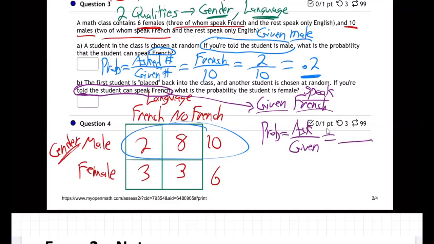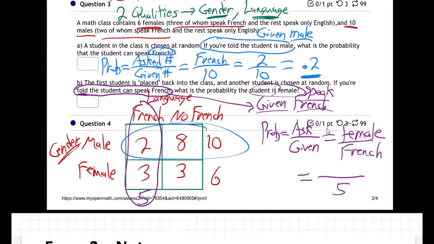So we're given that they speak French. And what are they asking for? Oh, probably that they're female. Okay, so the probability they're female, given they speak French. Well, we're talking now about these people, aren't we? The French speakers, which there's 5 of those total.